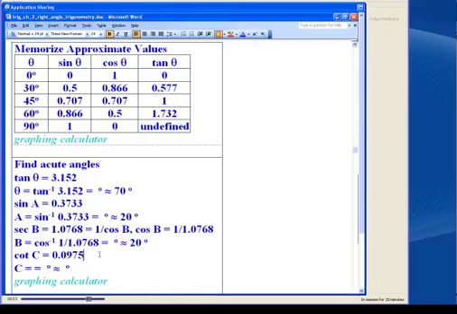Cotangent C equals 0.0975, which is the same as 1 over tangent C. So that means that tangent C equals 1 divided by 0.0975, and therefore C is the inverse tangent of 1 divided by 0.0975.